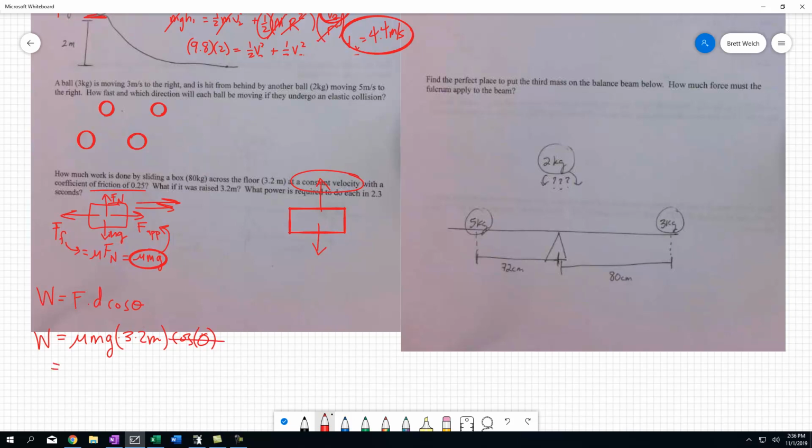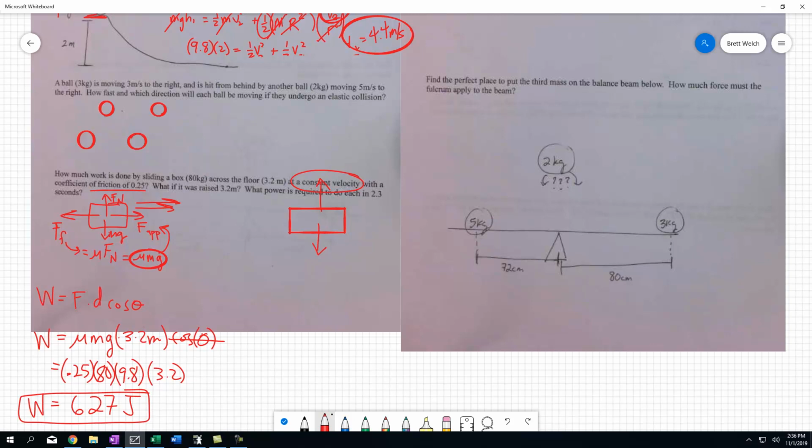So all I have left to do is put in my numbers. Mu for friction in this was 0.25. The mass of the box was 80. Gravity, of course, is 9.8, and I'm doing it for a distance of 3.2 meters. In this problem, the work comes out to be 627 joules, roughly speaking.